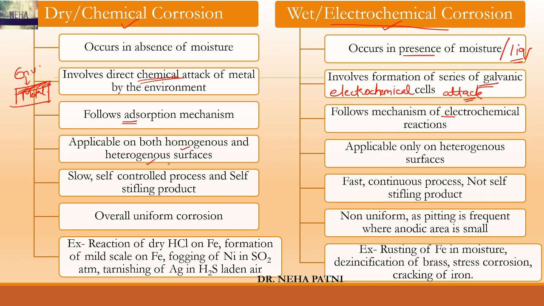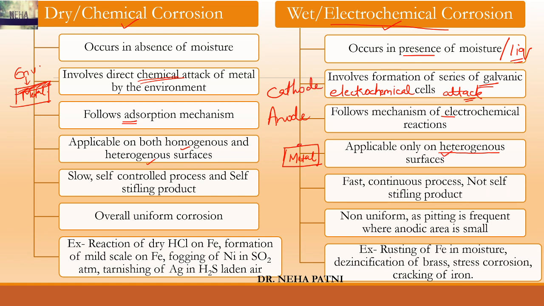I have explained this very clearly in my previous videos: the presence of heterogeneity is very important in wet corrosion. Why? Because if there is a single metal, let's say an entire metal sheet, how will the electrochemical setup be there? How are you supposed to have an anodic area, and how are you going to decide a cathodic area? It is based on that heterogeneity.